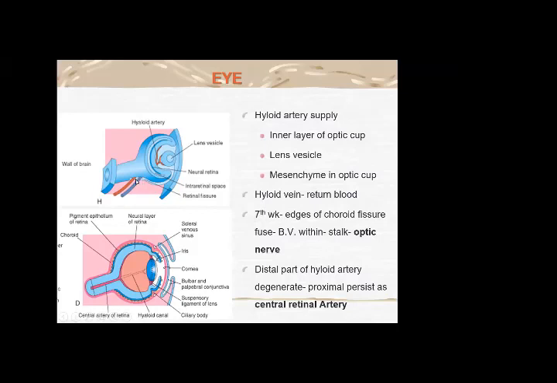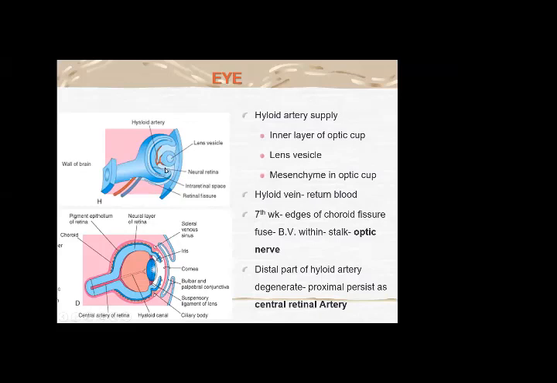Now this hyaloid artery, what does it supply? Why has God made this hyaloid artery? This hyaloid artery supplies the inner layer of the optic cup. It supplies this lens vesicle.